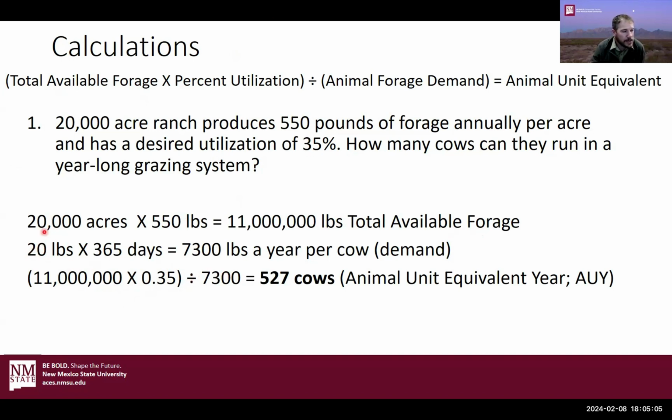They eat 20 pounds per day, and we're in a year-long system, 365 days, so one cow will consume 7,300 pounds a year. You divide the available forage by 7,300 pounds, which gives you your animal unit equivalent.